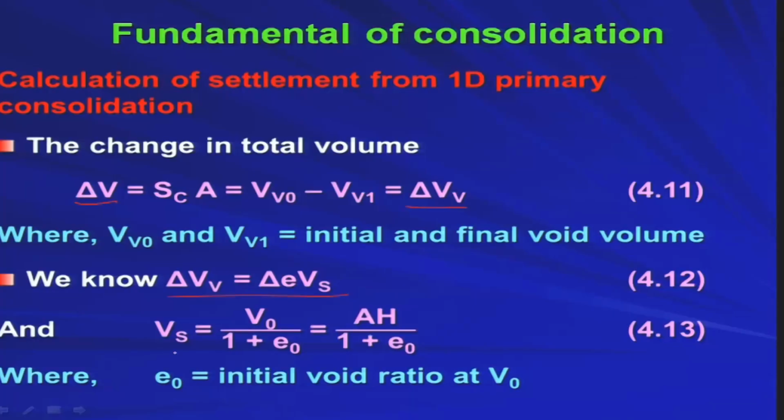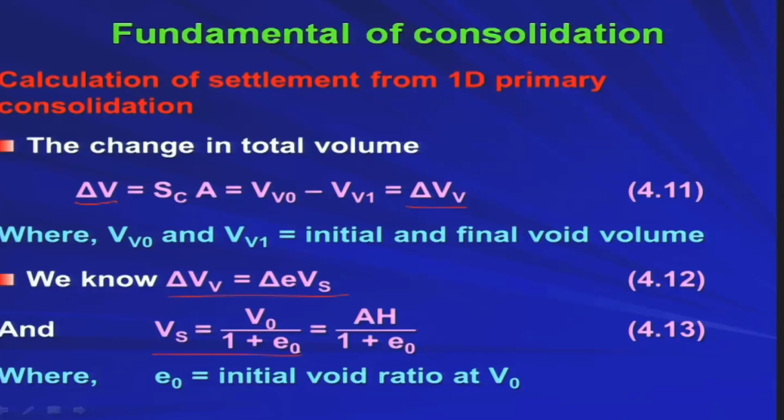So, delta V V is equal to delta e into V s. From this, I can write V s is equal to V naught by 1 plus e naught, which we can establish from our previous definitions of void ratio and other things. So, V s, the volume of solid, is equal to V naught divided by 1 plus e naught.